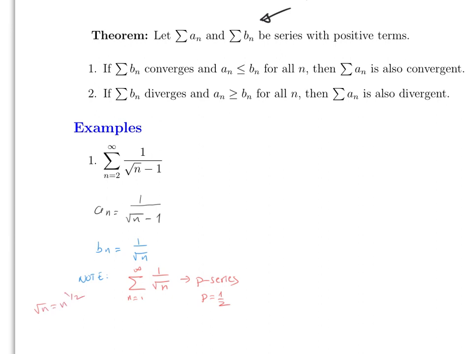So therefore, this series is divergent. So what we want to do is prove case number 2, and if you can show that a(n) is bigger than b(n) for all the values, then that will be correct.